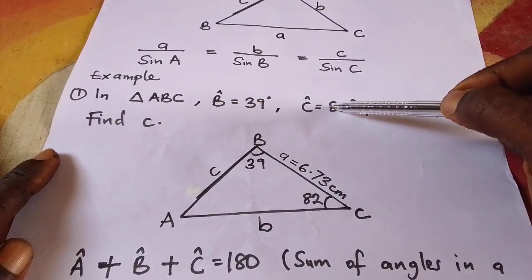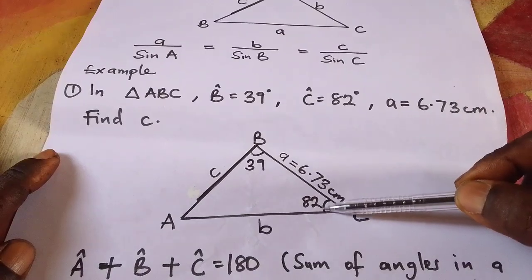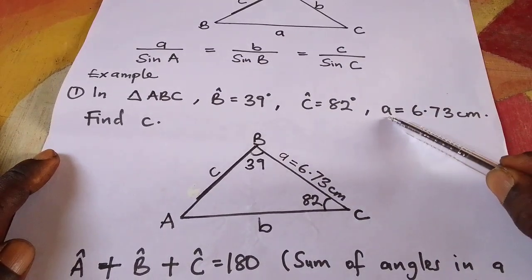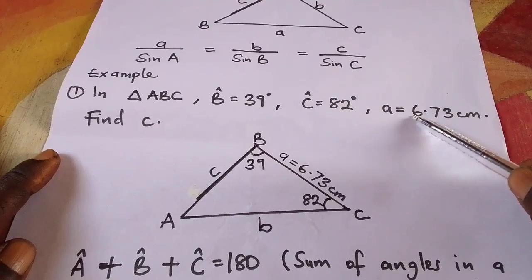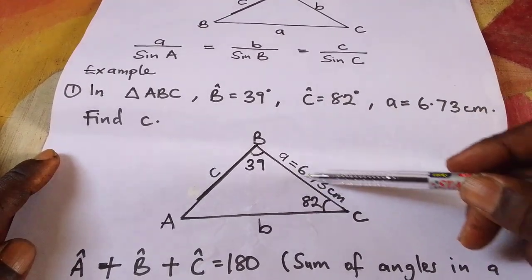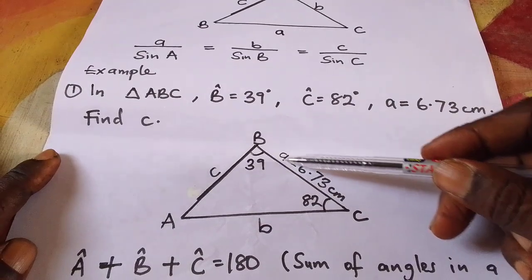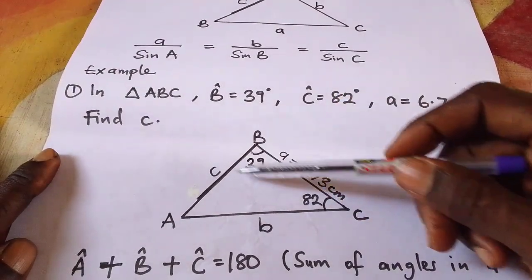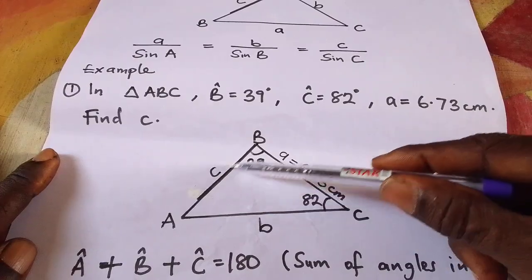The angle C is 82 degrees. Then side a is 6.73 centimeters. You are told to look for the small letter c, that means the value of this side c.